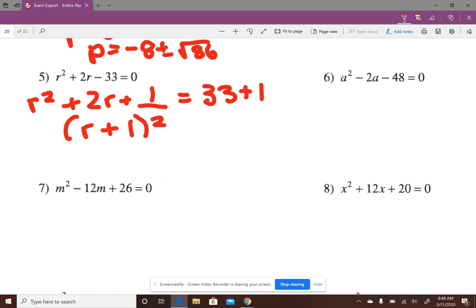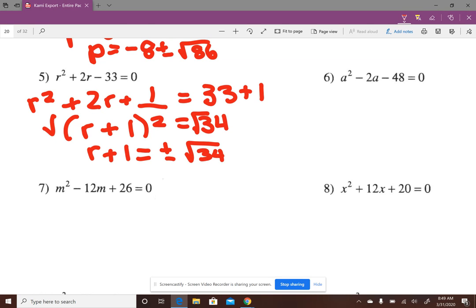Whatever you do to one side, you do to the other. So I take the square root. That gives me r plus 1 is equal to plus or minus the square root of 34. Square root of 34 is an irrational number, so I'm going to leave it like that. So I get r is equal to negative 1 plus or minus the square root of 34.